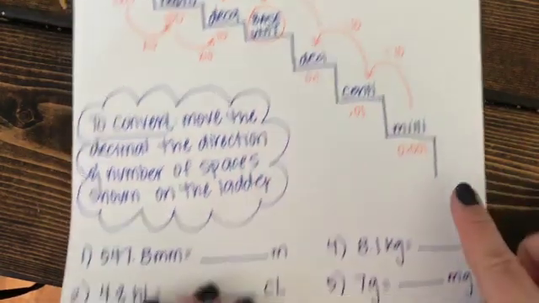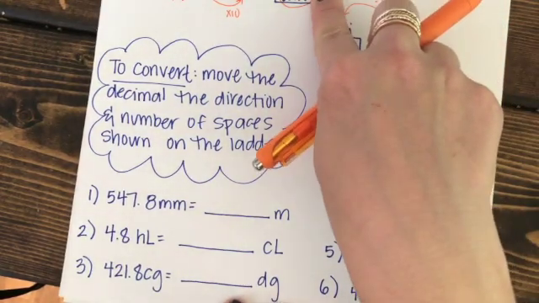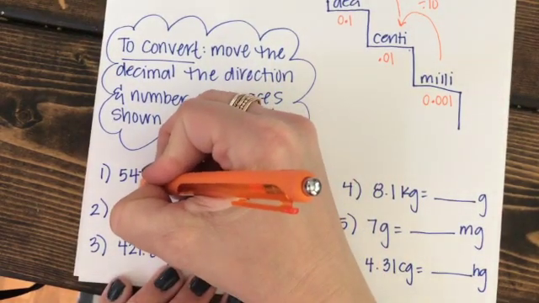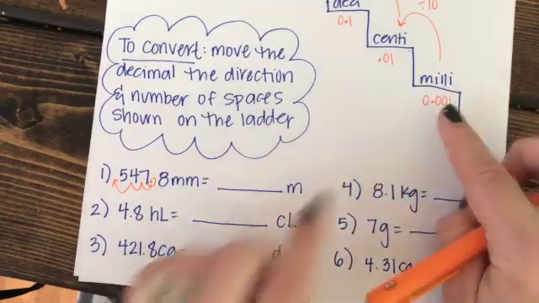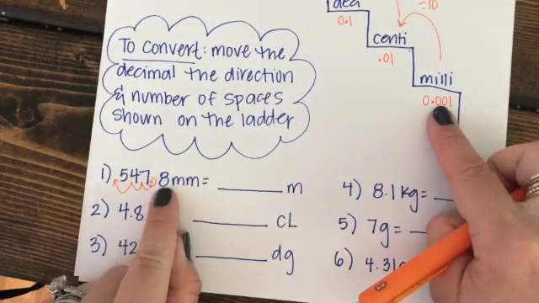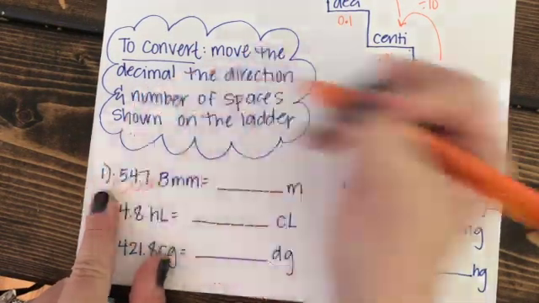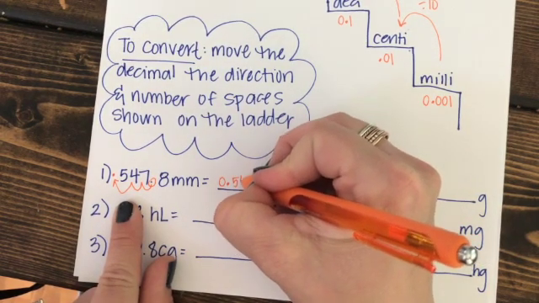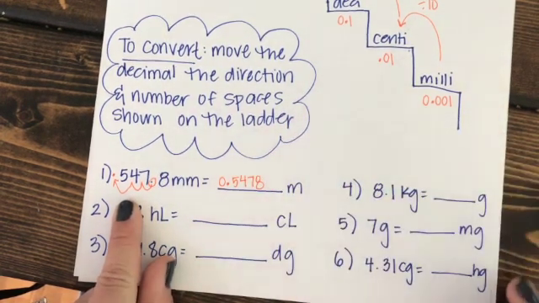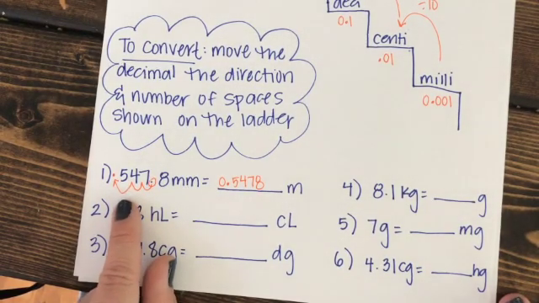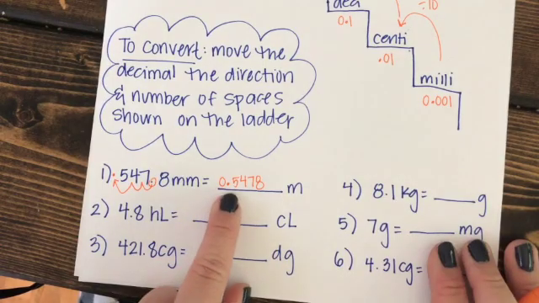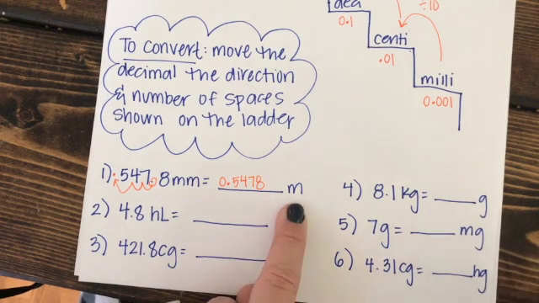If I'm going up the ladder, I take my decimal and move it 1, 2, 3 places. See how this was going in this direction? So my decimal would land there and it would be 0.5478. So 547.8 millimeters is the same as 0.5478 meters.